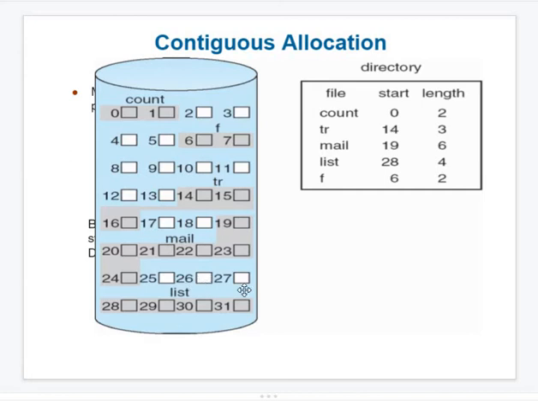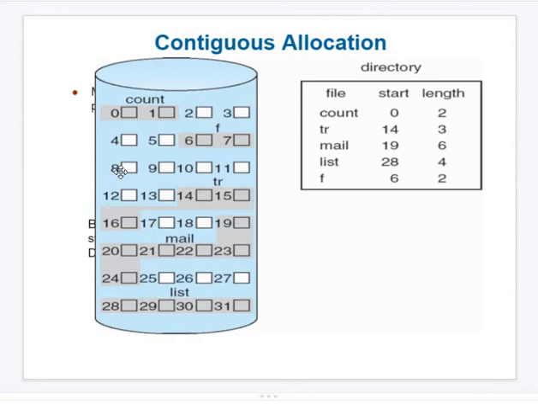Now if I get a new request, the H file, starting I don't know, length is 5. What is a good option? Can I fit that request here, at 2, 3, 4, 5, where length is expected to be 5? That is not possible because 4 are free, but it needs 5. I cannot fit in 17, 18, or 25 onwards.